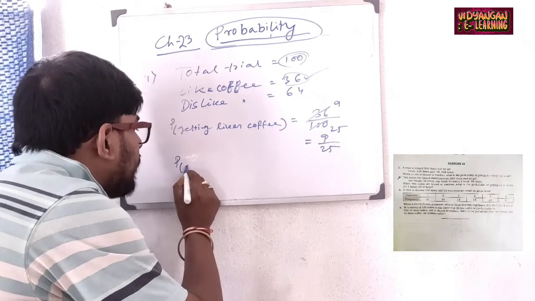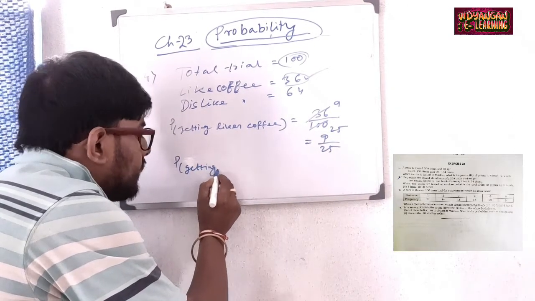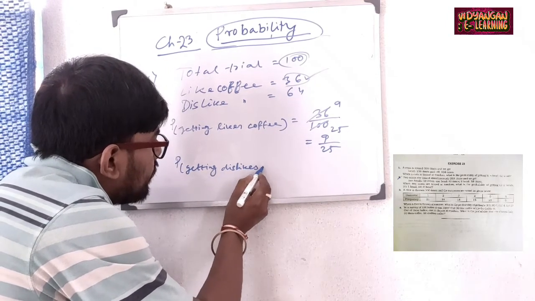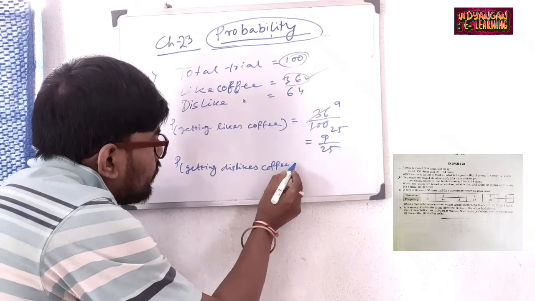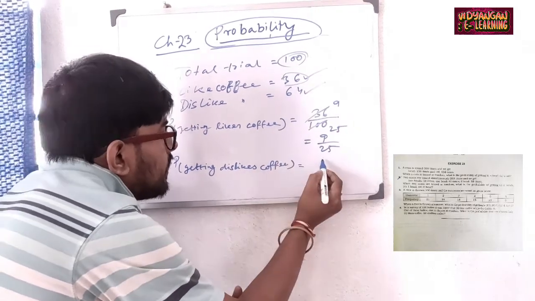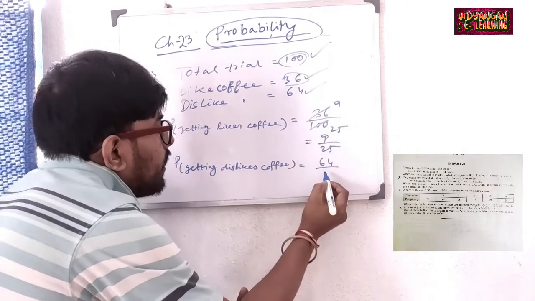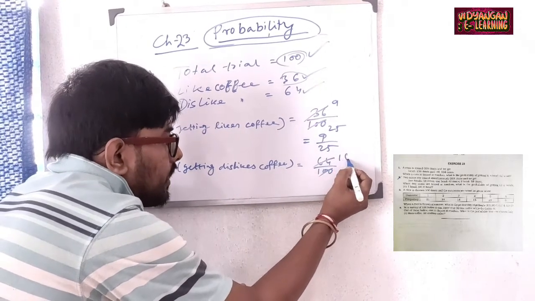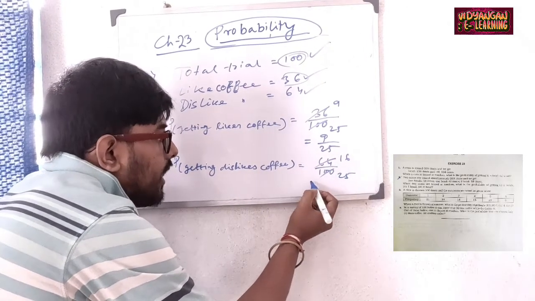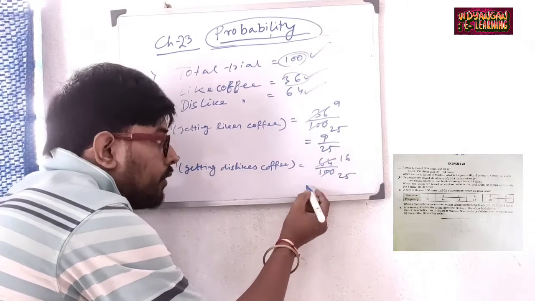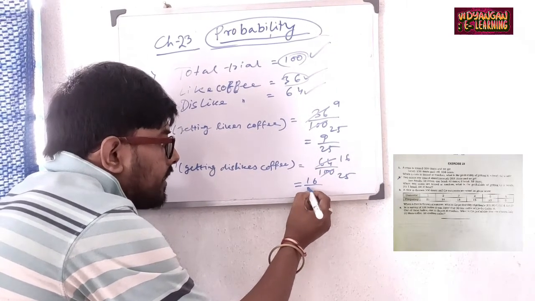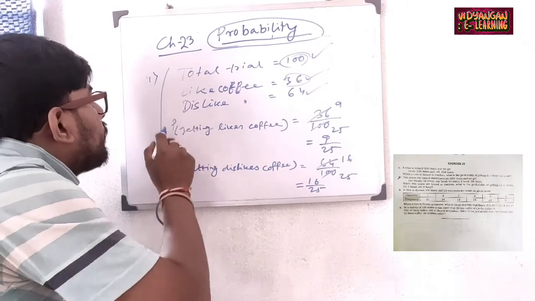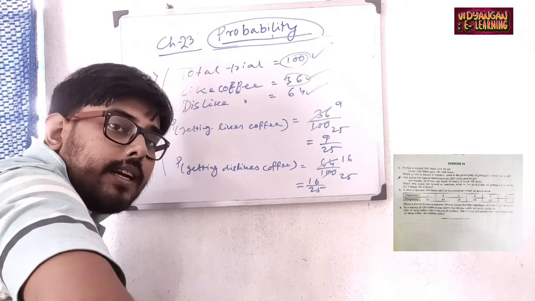And the probability of getting a lady who dislikes coffee is 64 out of the total number of trials, 100. We have to simplify this. 16 fours are 64, 25 fours are 100. Now these are prime to each other, so this will be the final answer. We get the answer of question number 4, and the chapter is completed.